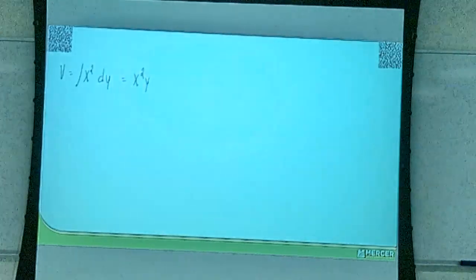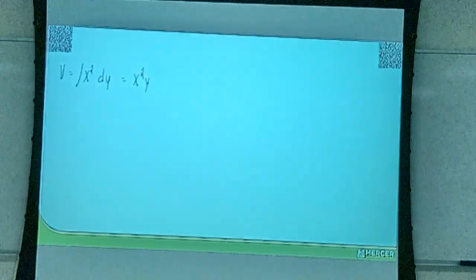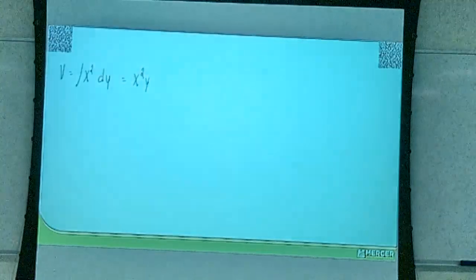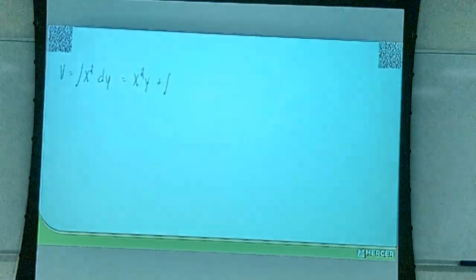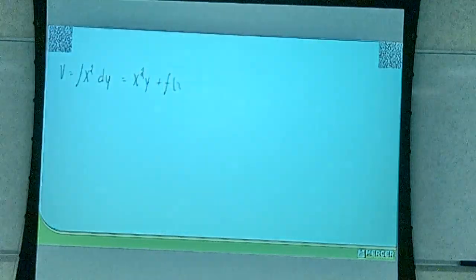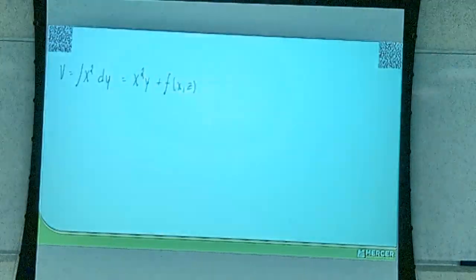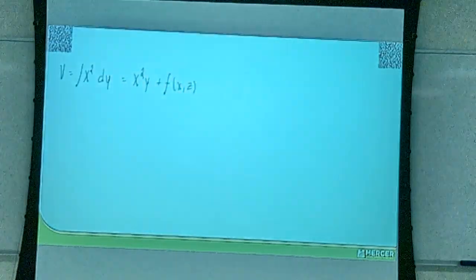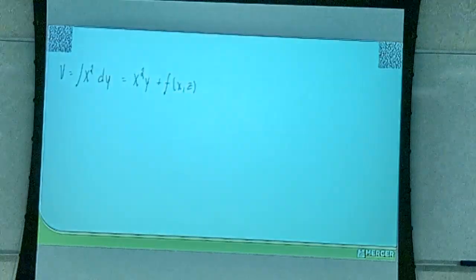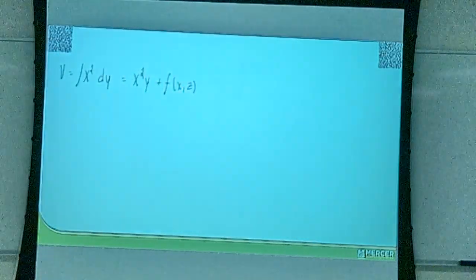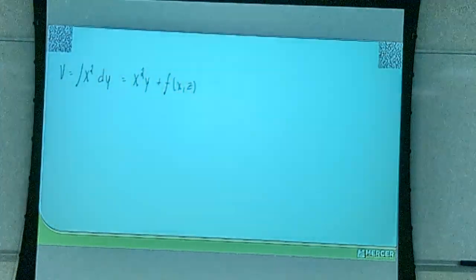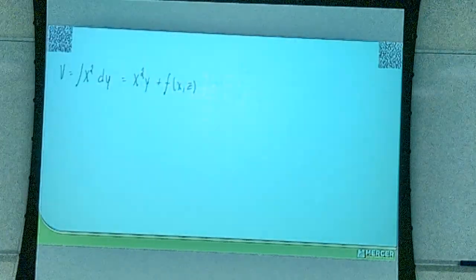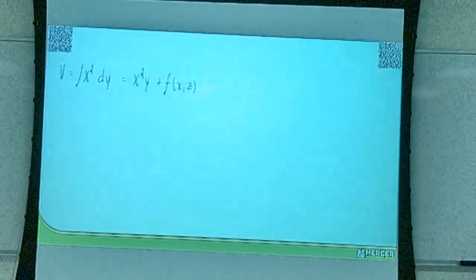So I'm first integrating with respect to y. Right? So it's x squared times y plus some function of x and z. Take the partial of a function of x and z only with respect to y, isn't it 0? So a function of x and z is constant in y.